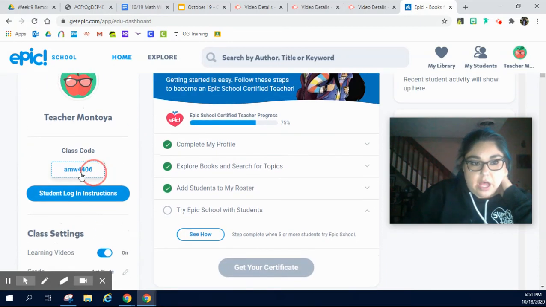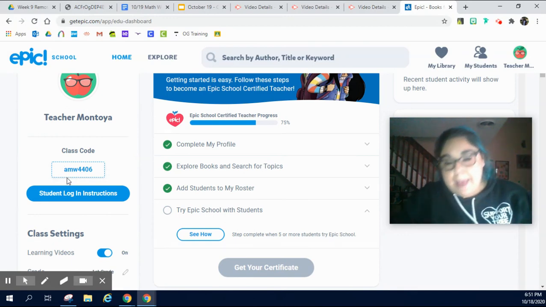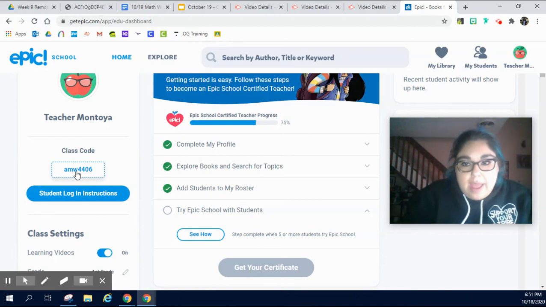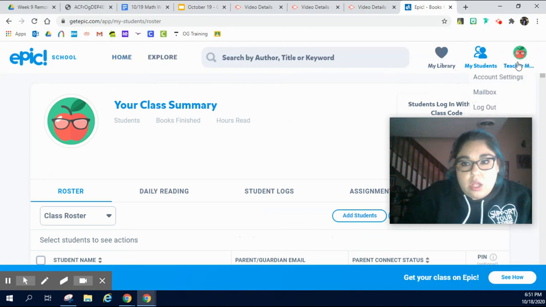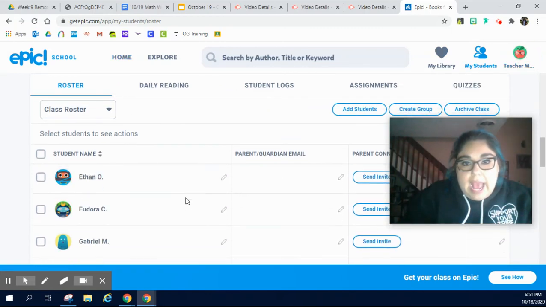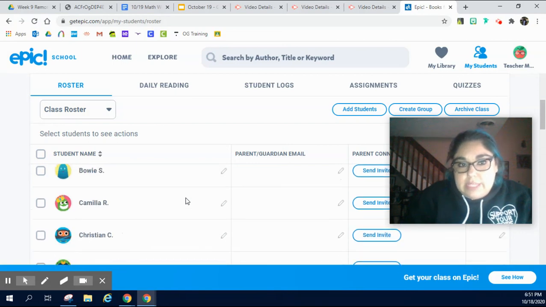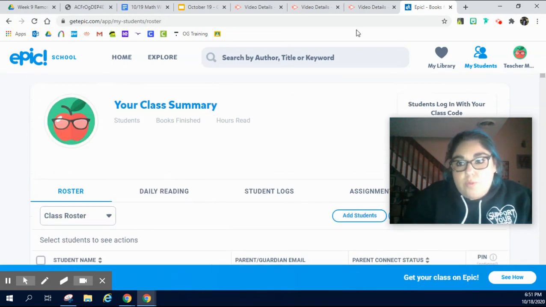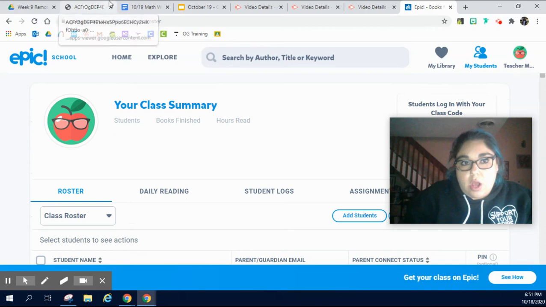All right, the login code is A as in apple, M as in mom, W as in way, 4406. You'll be able to find your name, and you are more than welcome to use this to find a nonfiction book to do your assignment.